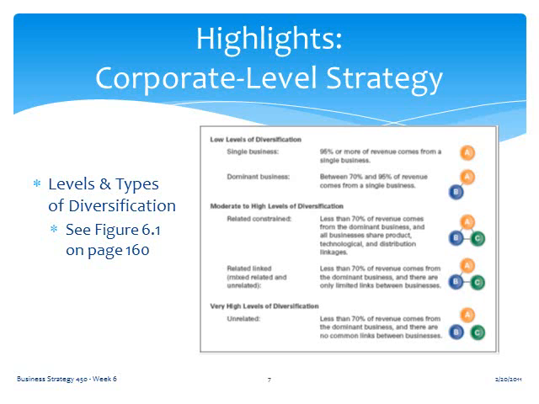This chart explains the 3 levels of diversification, from a very low level of diversification, which can be as low as essentially a single business, like the companies we looked at from a business level strategy perspective, to one that has a dominant business.